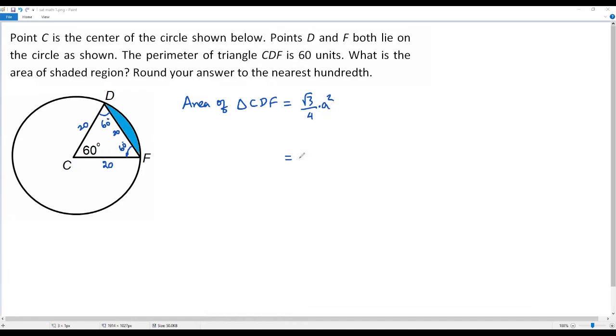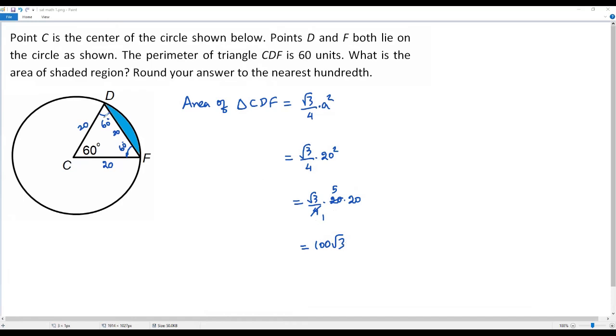Then we get square root of 3 over 4 times 20 squared, which can be written as 20 times 20. Here 4 goes into 4 one time, and 4 goes into 20 five times. And 5 times 20 is 100. 100 times square root of 3 is 100 square root of 3 square units. Here I got the area of the triangle CDF.